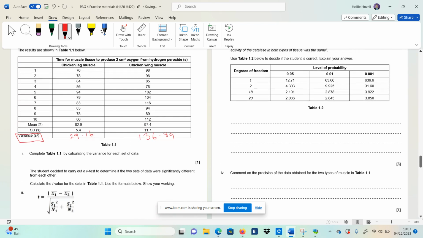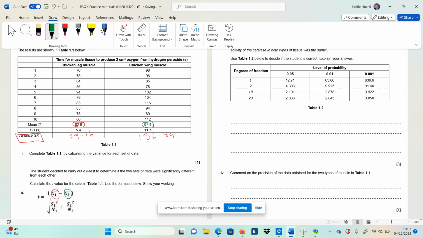Okay, so first of all, x bar is the mean, so you can see that the value x bar 1, x bar for the set of data 1 is just there. Okay, then x bar 2, so that means x bar means x with a line on it, mean for data set 2 is just there.